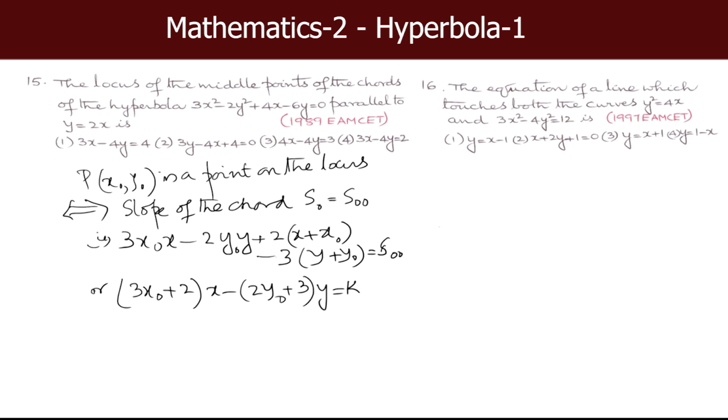The remaining constant and the xy terms are just these. The slope of this chord equals 2. The slope is −(3x0 + 2)/(−(2y0 + 3)), that is, with a negative sign, minus, is equal to 2. Follow? Or 3x0 + 4y0 − 3 + 6 − 2 + 8 = 0.